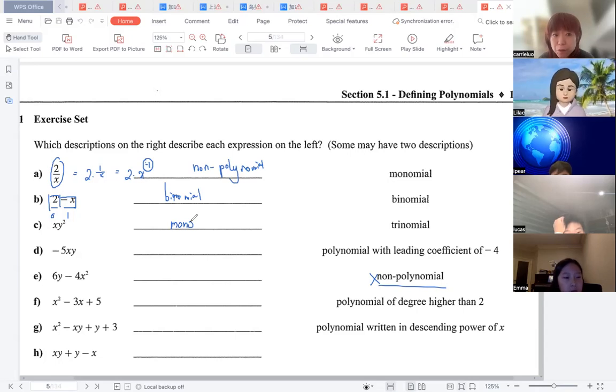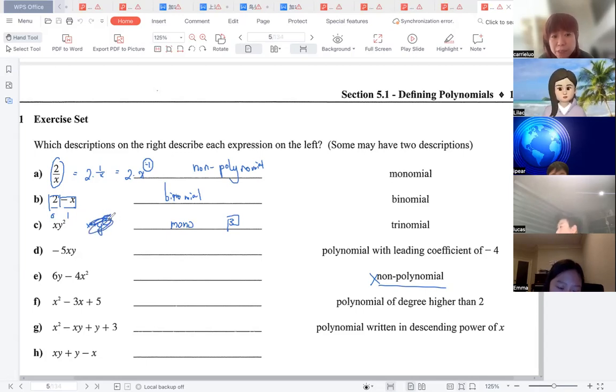Oh, 4? No. What? So for x, 3. Yes, very good. The degree is 3 because x has power 1 and y has power 2, so 1 plus 2 equals 3. Why can you add them together, Lucas? Because they are multiplied together. If it is x plus y squared, then the leading degree would be 2, not 3.